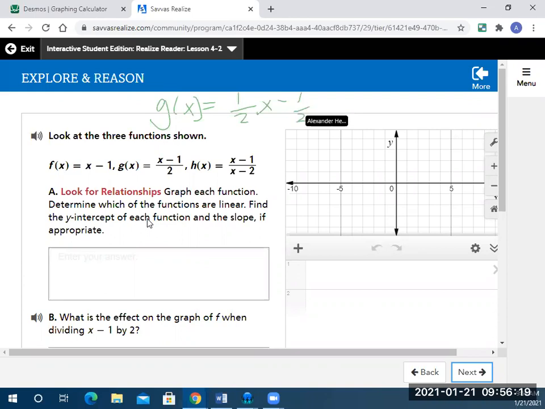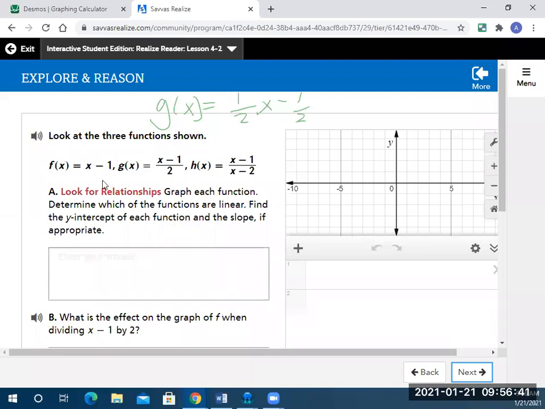Because this 2 is dividing into x, and this 2 is also dividing into 1/2. So it's 1/2 x minus 1/2, and that's a linear function, right? So what is my y-intercept? -1/2, and what's the slope? 1/2, right?